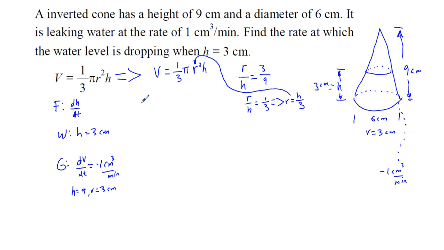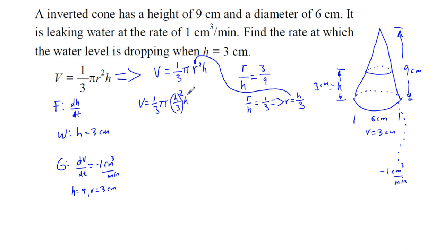And so bringing down, we have V is equal to 1/3 pi, and then in the place of r, we have h over 3, and we continue to square that, and then we have h.